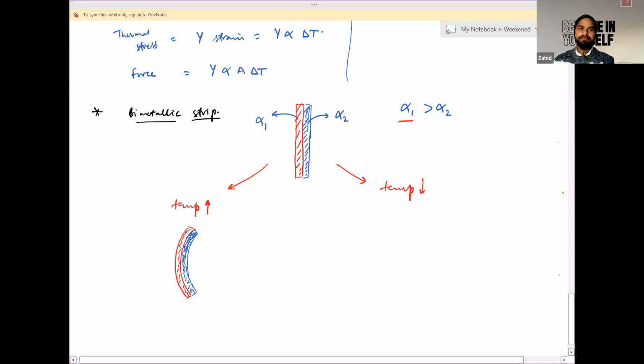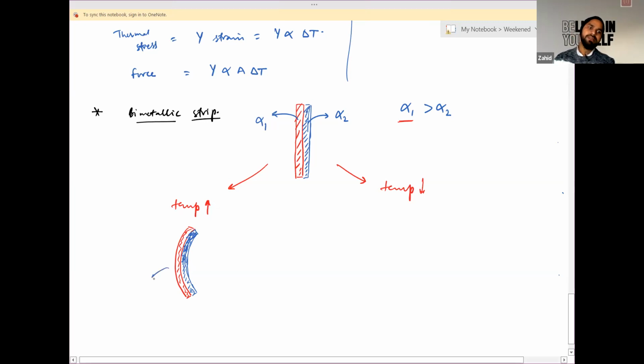Is it clear? Yes. You will say that on increasing temperature, the change in length will be greater in the red rod compared to the blue rod, since red has the greater coefficient of linear expansion.